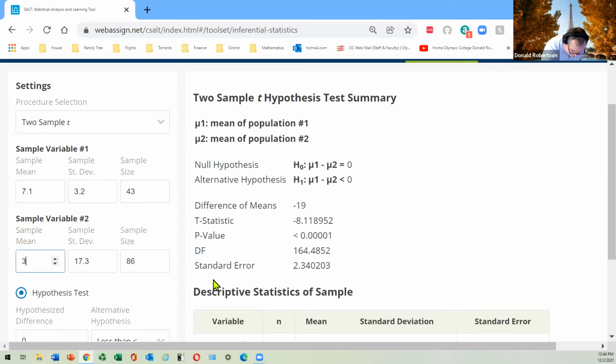They lost 3.9 kilograms. Their standard deviation was 3.4. And in that group, how many were there? 48. Are we comfortable about those who did diet and those who did exercise?